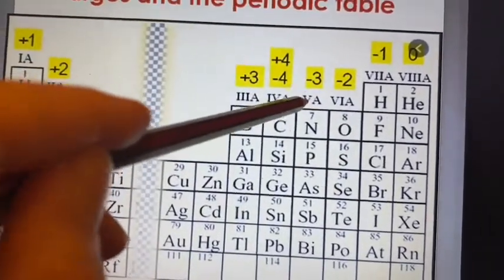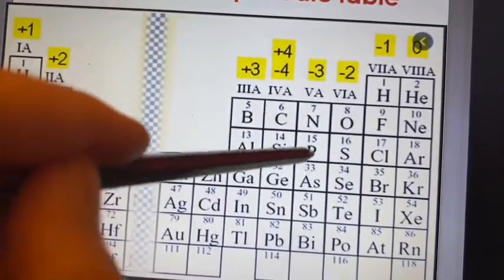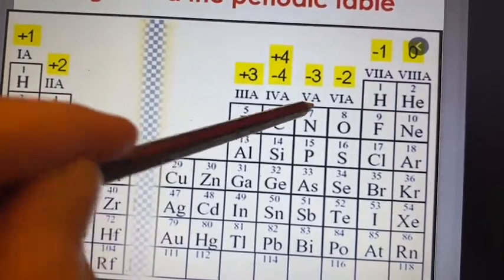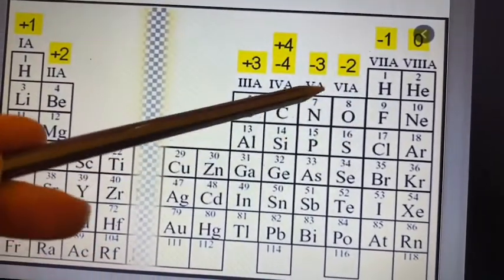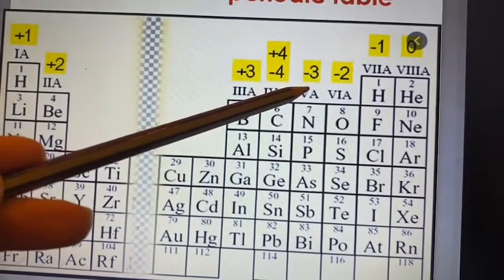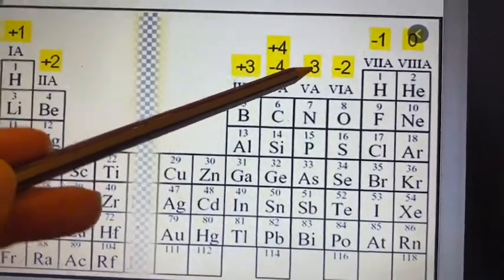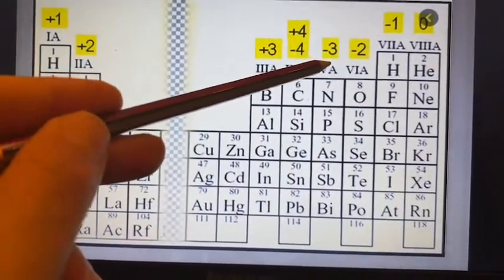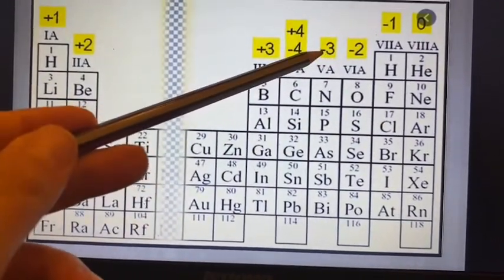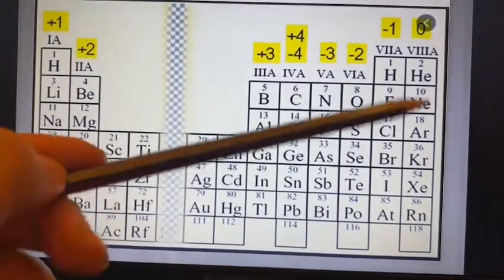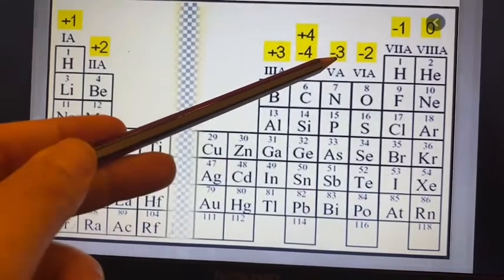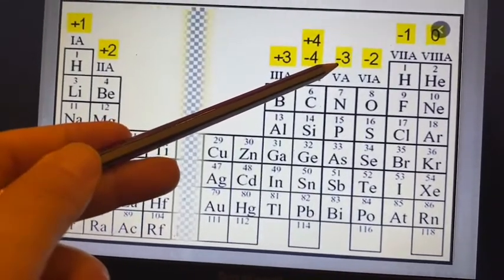Here, they are in group number 5. It means they want to gain 3 electrons. So 5 plus 3 will become 8. So they tend to gain. That's why it is negative. When they gain more electrons, and the electrons are negative, the valency is negative.